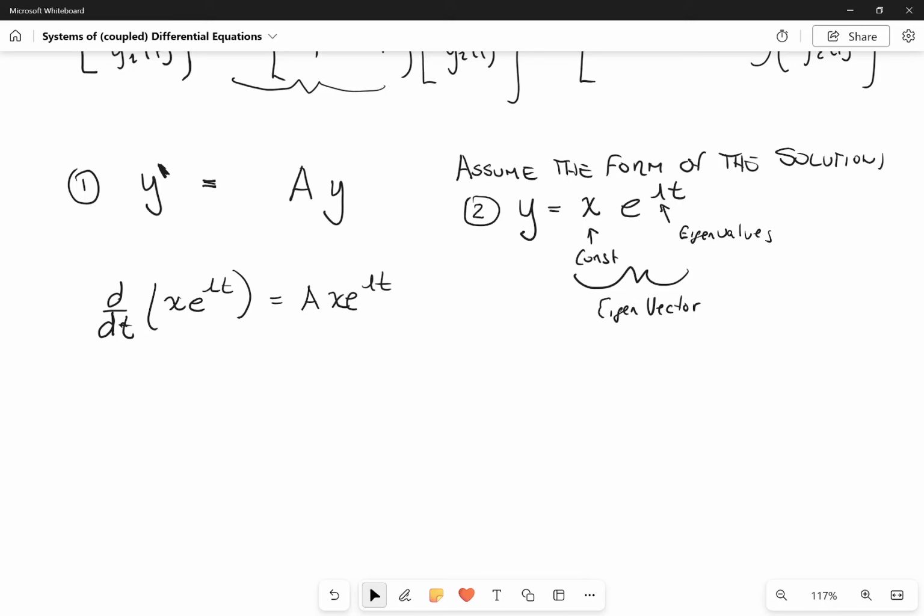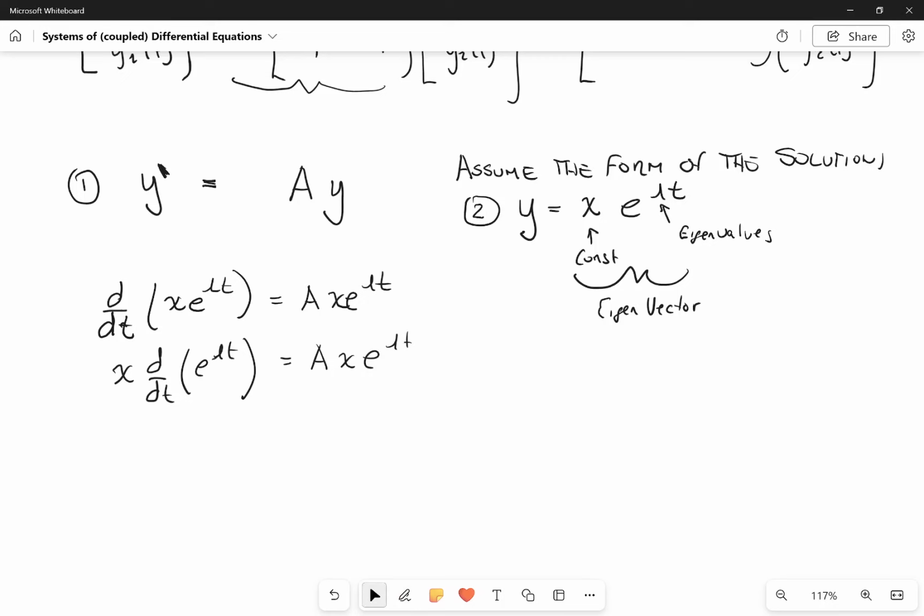Well, what is d by dt? Now, x is a constant, so we can pull that out. This becomes d by dt of e to the lambda t, and that equals a x e to the lambda t. What's the derivative of e to the at?